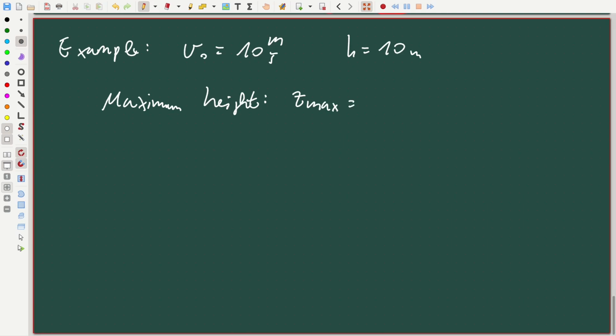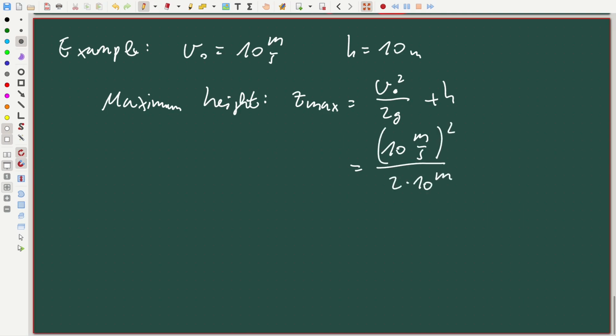And then we use this formula that we have stated before, which was v0 squared divided by 2g plus h, and then we have to insert our values, which is 10 meter per second squared divided by 2 times 10 meter per square seconds, plus 10 meter, and again many things cancel out.